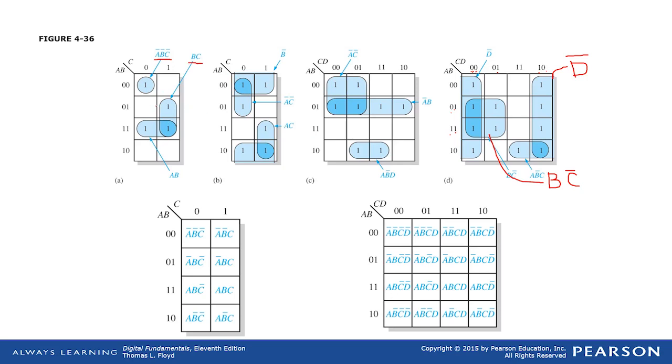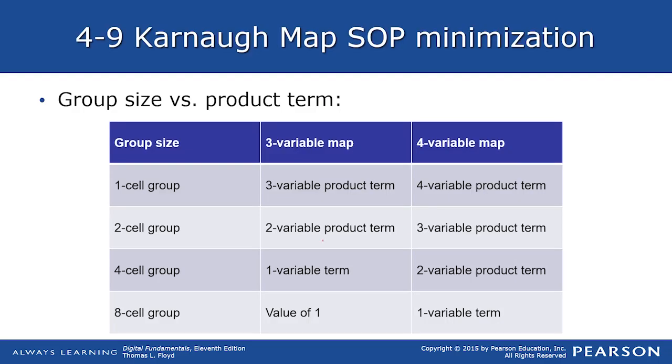And if you have 4 bits, like this here, it will produce a single variable term. For the 4-variable case, if you have a group with 8 bits, it will produce a single variable term. If you have a group with 4 bits, like this one, it will produce a 2-variable term. So this is a slide explaining that.